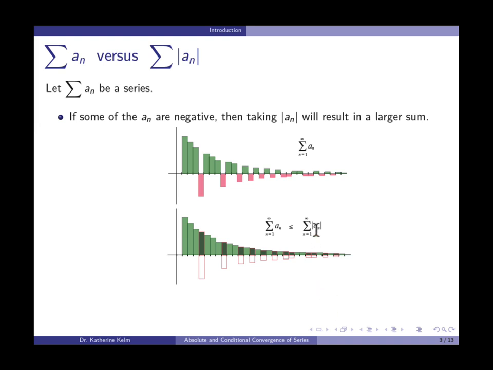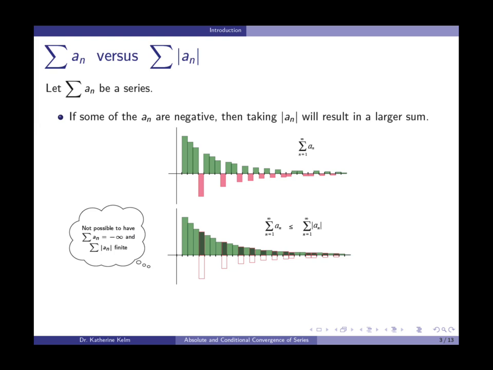This will mean that if the series of absolute values converges, in other words, this sum is finite, then the original sum of the series will be finite. In other words, if the series of absolute values converges, then the original series will converge.